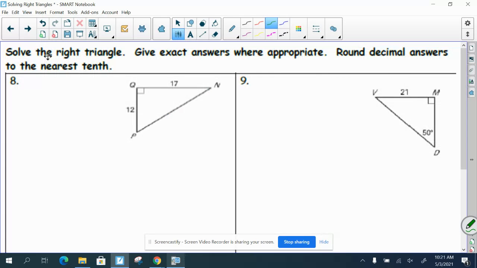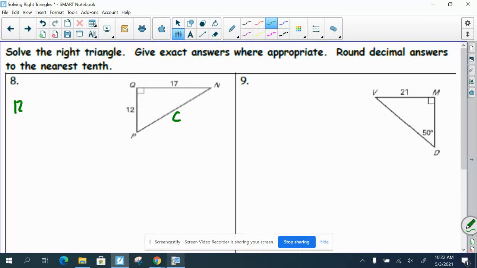Let's go ahead and do a couple on here, where you're solving for the entire right triangle. And then it says give exact answers where appropriate, round decimal answers to the nearest tenth. Okay, so the first thing I might want to do is look to see if you can solve side lengths. So if I know this side and this side, I can use Pythagorean theorem to get PN, because that's the hypotenuse.